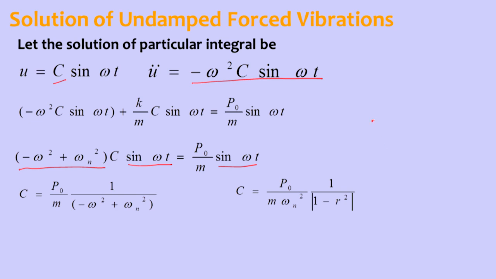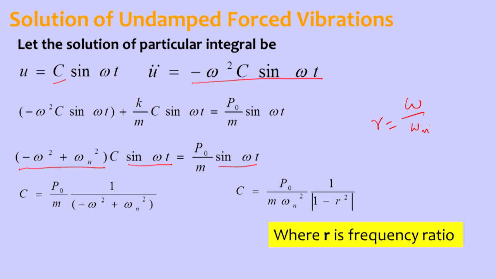So here we call r the frequency ratio, that is omega by omega n. Then the equation can be rearranged like this. So u particular integral will be p naught by k, that is, c is derived as p naught by k into 1 by 1 minus r square, into sin omega t. So this is the particular integral.